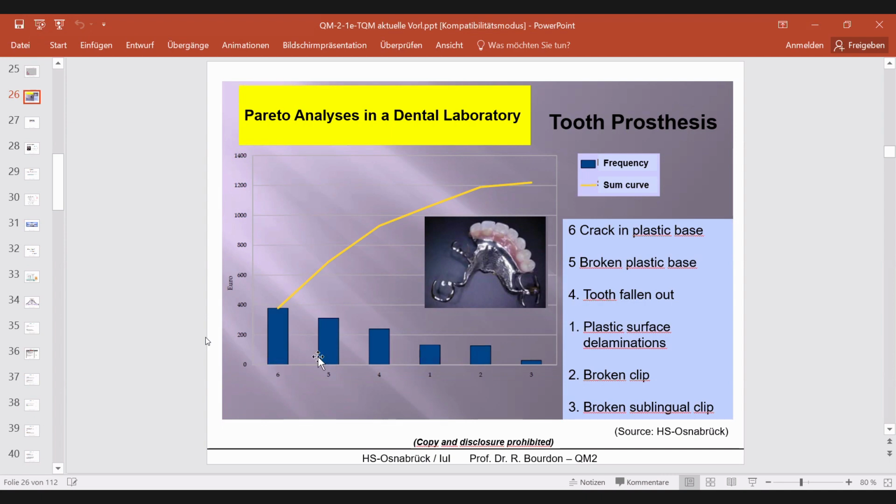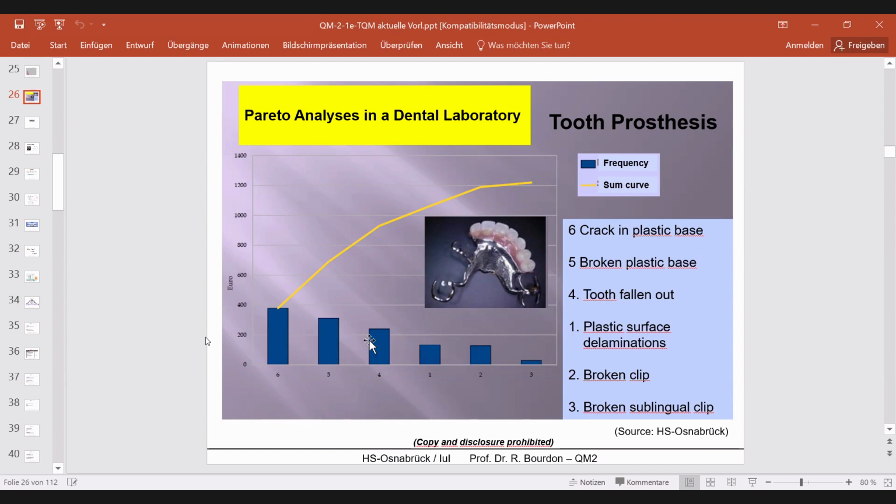There were 6 cracks in plastic bases, 5 broken plastic bases, an artificial tooth fallen out 4 times. Then 1 time plastic surface delamination, broken clip, and broken sublingual clip. So they have these different kinds of defects, and here they have the frequency, how often these defects occur in the dental laboratory.